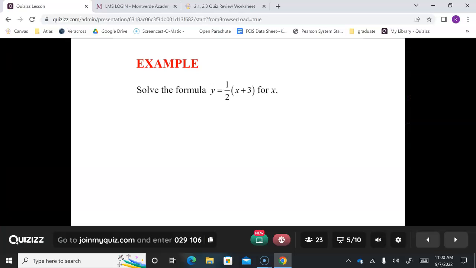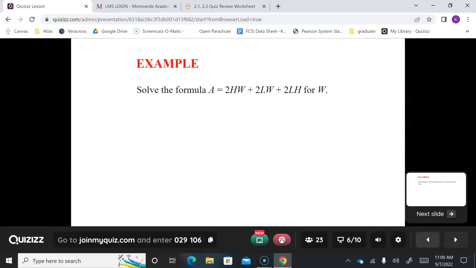Good. Now, we have surface area of a prism. I'm solving for W. What's the big difference between this one and the last two examples in what we're solving for?